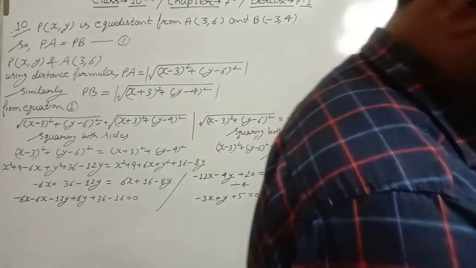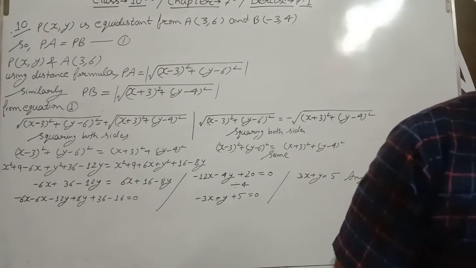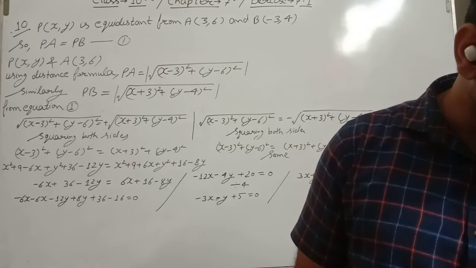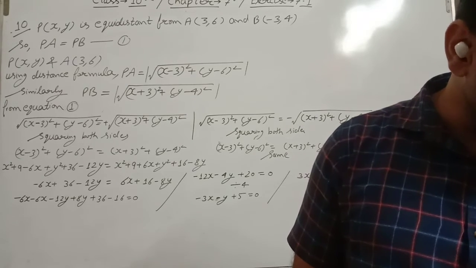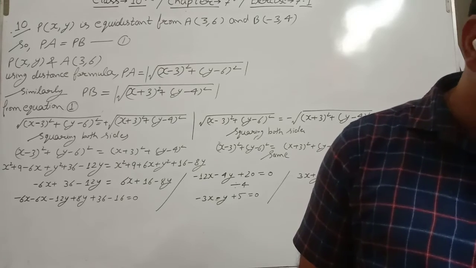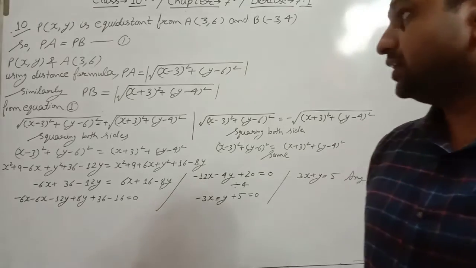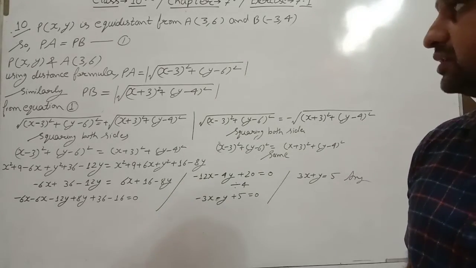Now question number 10. Question number 10 is the same as question number 9 and question number 7, because in question number 7, question number 9 and question number 10 the word equidistant is used. And what is the meaning of equidistant? Equal distance.